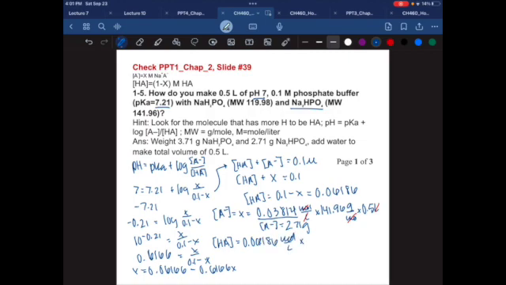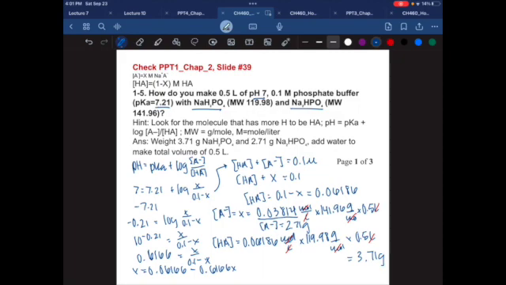We will also multiply it by its molar mass, which in this case, the weak acid is NaH2PO4. We will multiply it by 119.98. This will be grams per mole. Then we'll also multiply by the volume of our buffer. The units will cancel out, and we will be left with 3.71 grams.